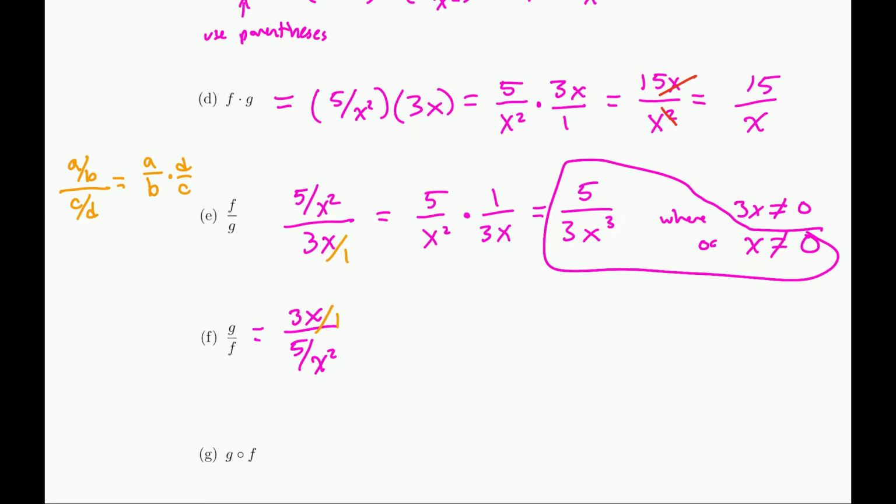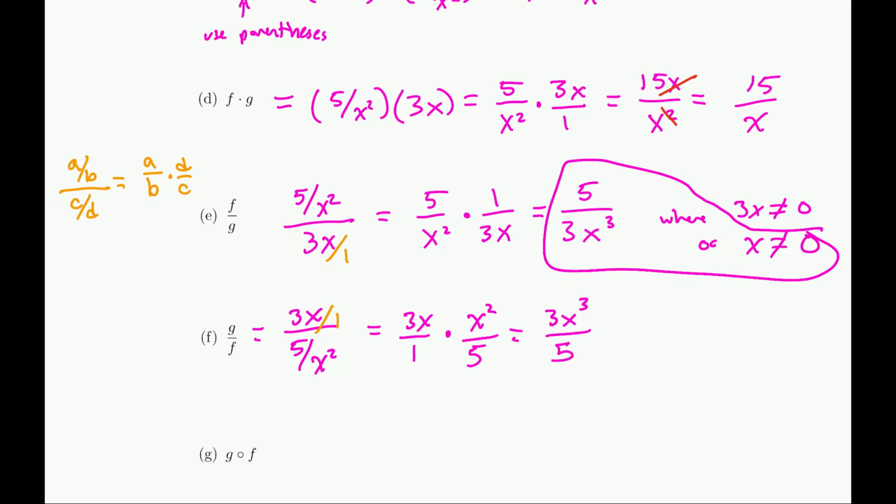Then you can take this fraction and say it will be 3x over 1 times the reciprocal of 5 over x squared, which would be x squared over 5, and then multiply across the top and across the bottom. Across the top, 3x times x squared is 3x cubed. And on the bottom, 1 times 5 is 5.